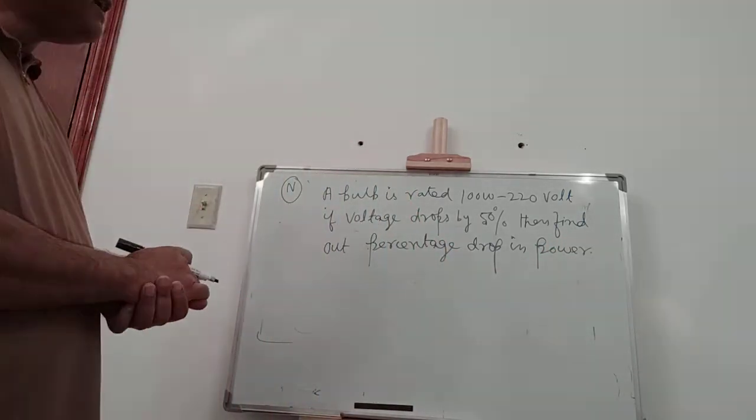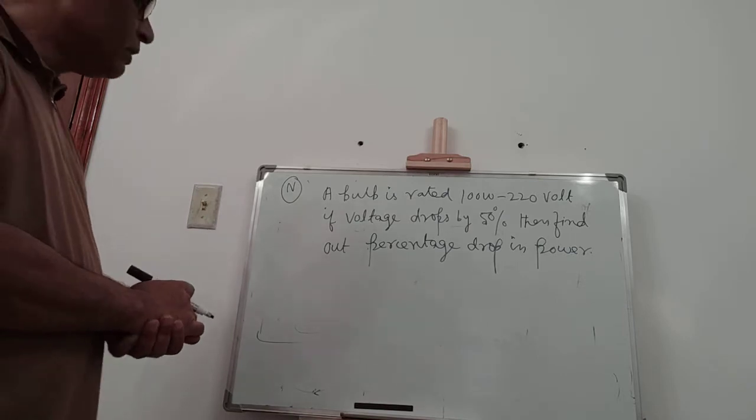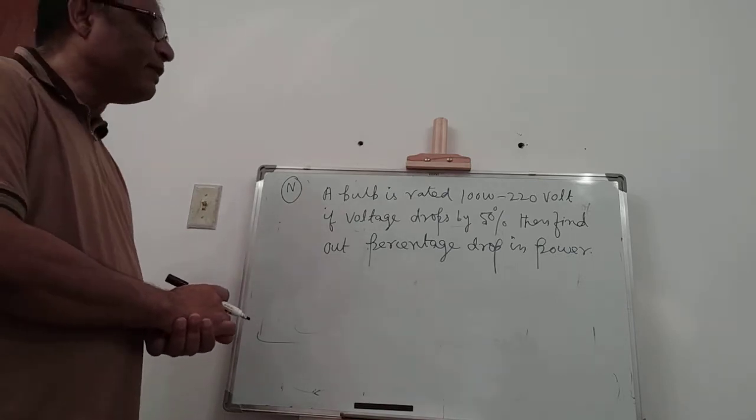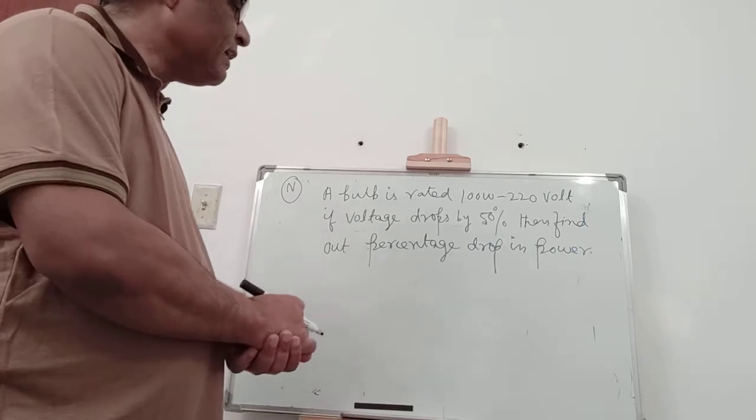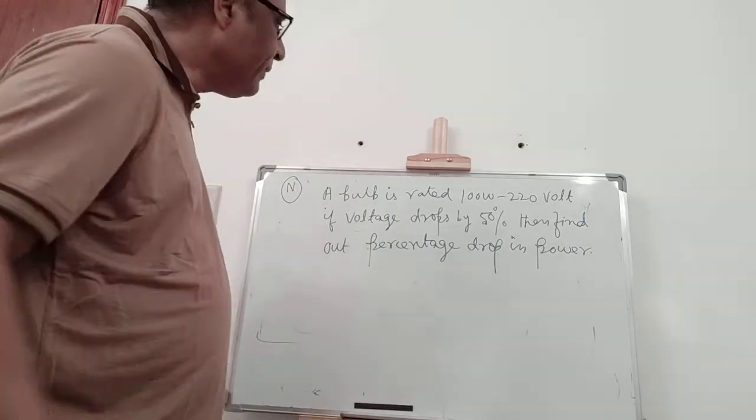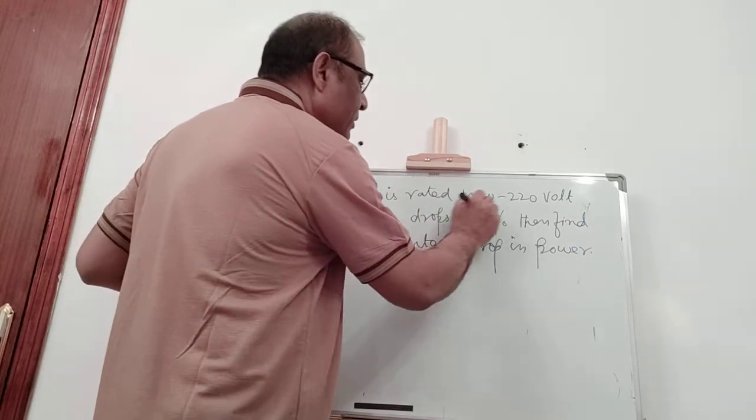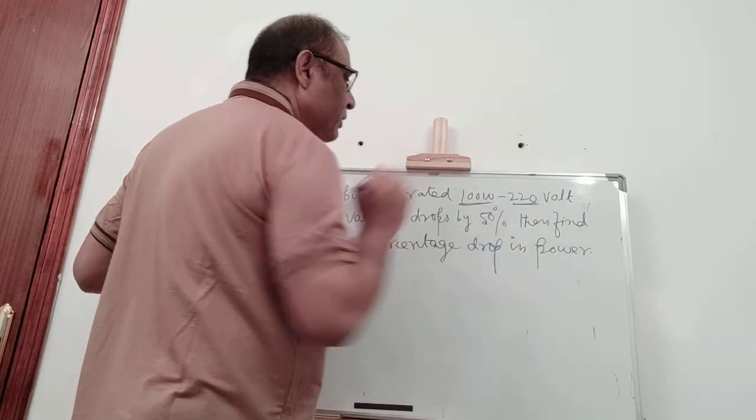A bulb is rated 100 watt, 220 volts. If voltage drops by 50%, then find out percentage drop in power. It means 100 watt and 220 volt.